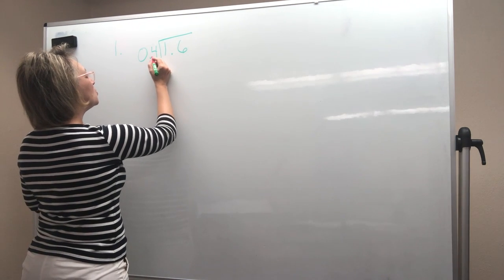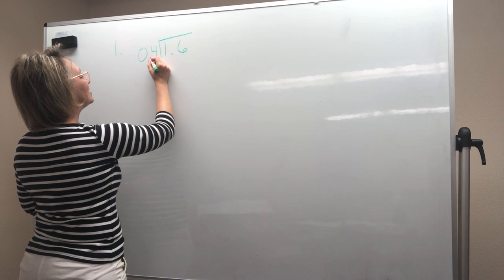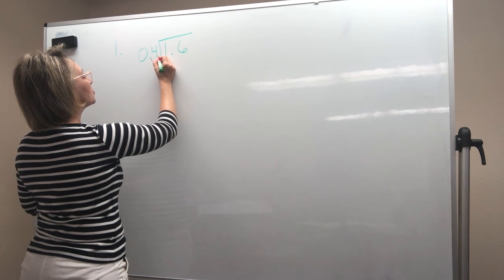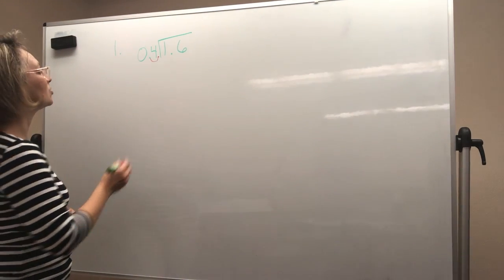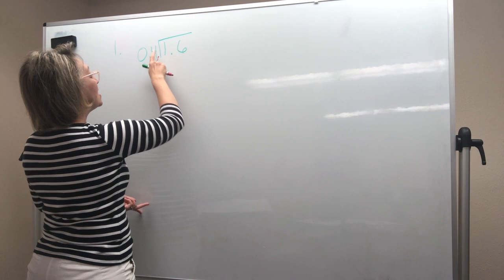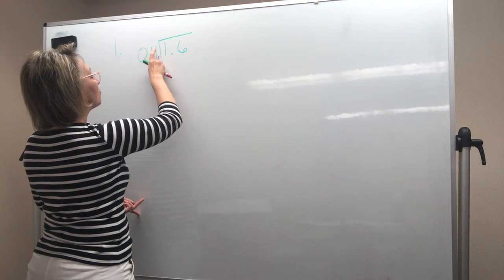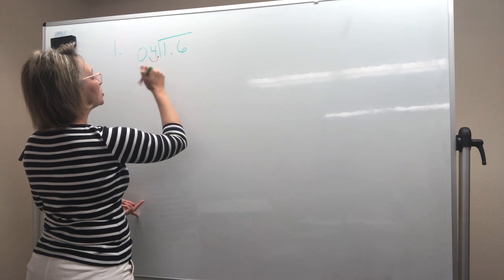We have to move this decimal in this divisor out here over until it is as far to the right as it can go. And in this problem, it can only go one place, right? So I've shown that in red so you can see that here. Okay, so now when you think about it, that's a 4 out there because it's not 4/10 anymore. We move the decimal over so it's a 4.